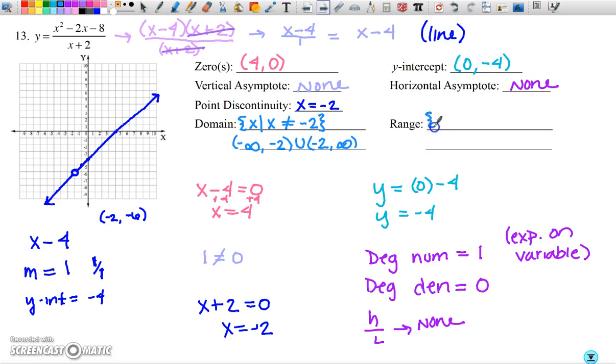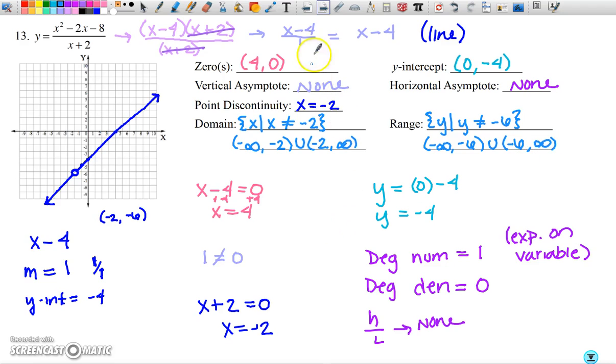And then the range, we're going to write out y this time because that's what is used in the original problem, such that y does not equal negative 6. And then that would be negative infinity to negative 6 union negative 6 to infinity.